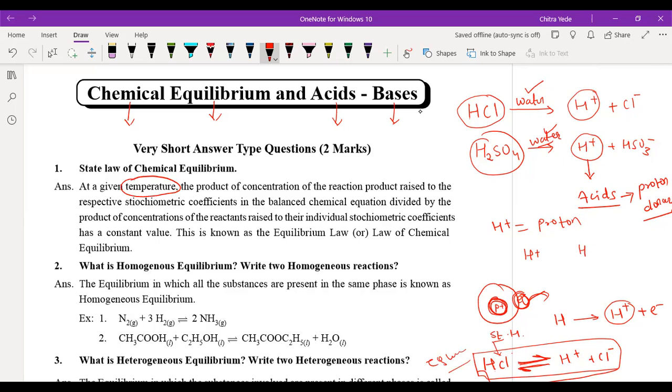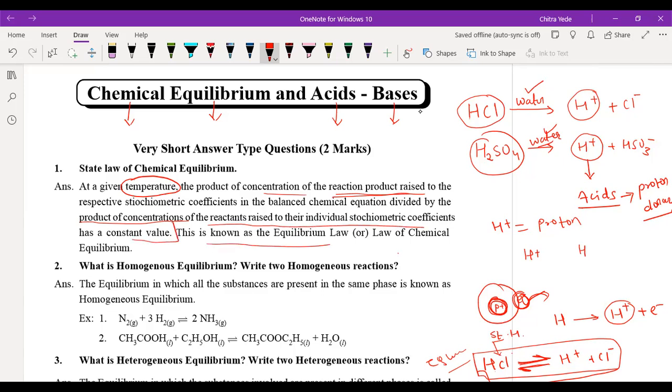So at a given temperature, the product of the concentrations of the products, raised to their respective stoichiometric coefficients in the balanced chemical equation, divided by the product of the concentrations of the reactants, raised to their individual stoichiometric coefficients, has a constant value.